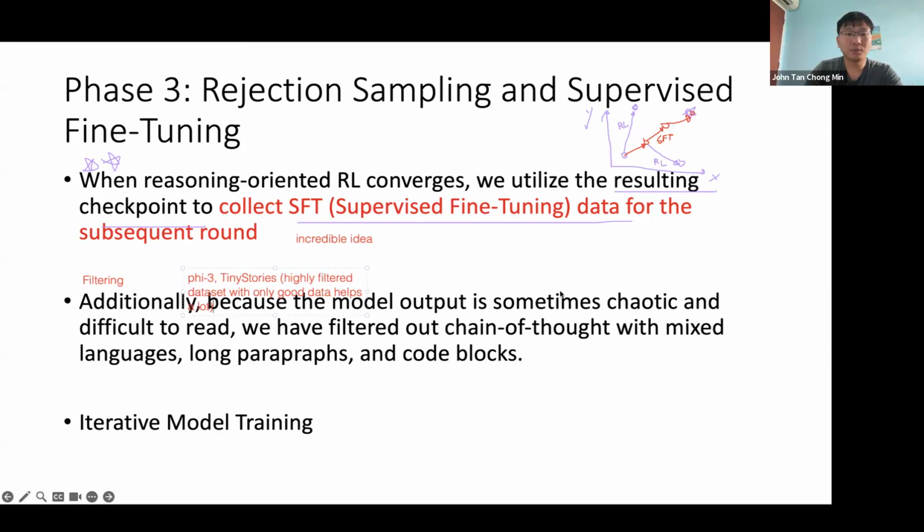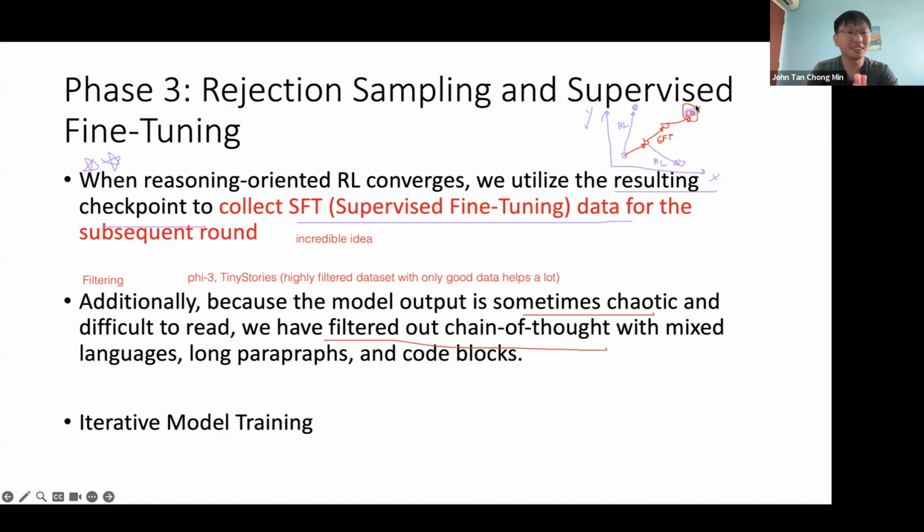Small models with very, very good data help a lot. So this filtering process takes what is chaotic in the RL model and filters it into clean, clear responses that are more likely to be correct. This makes the model get better on track to reaching this holy grail here, which is the best model we want.